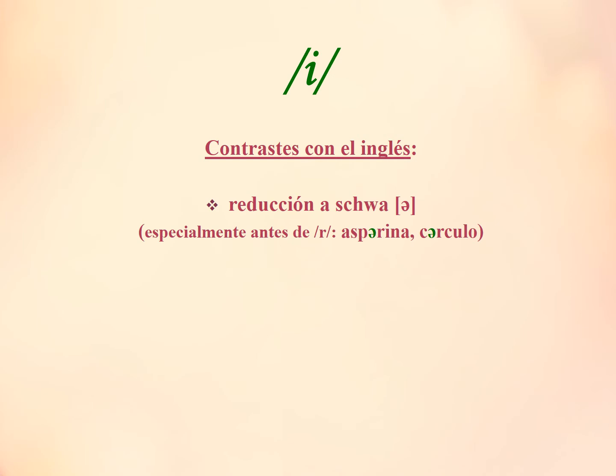There's also the problem of cognates. For example, aspirin, aspirin. In the middle of that, it's like a schwa: aspirin, aspirin. So sometimes people want to transfer that to their Spanish and say aspirina, aspirina, instead of aspirina. Or the word for circle.